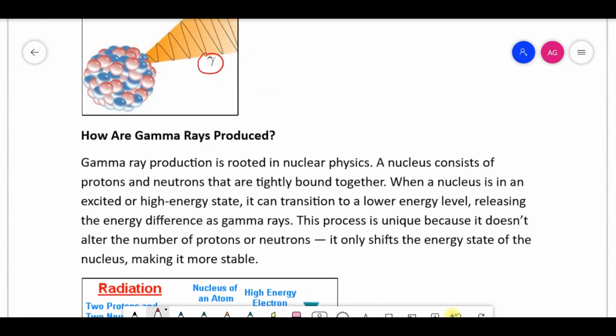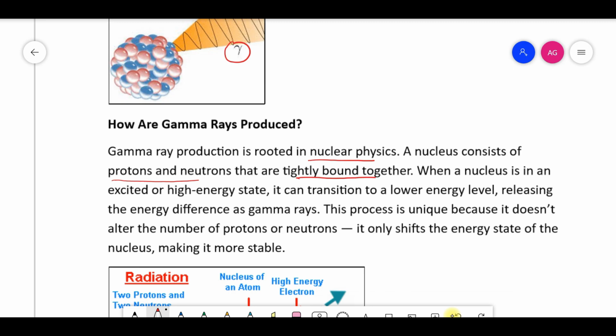Gamma ray production is rooted in nuclear physics. A nucleus consists of protons and neutrons that are tightly bound together. This is very basic physics which you must have studied in 10th standard. They are connected to each other by a strong force.